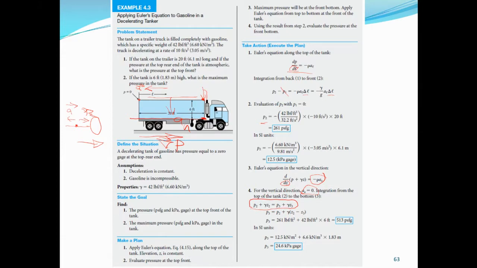This is the same thing as for fluid at rest: P2 plus gamma Z2 is equal to P3 plus gamma Z3, but along a vertical line. We know this is point 2, and this is now point 3.